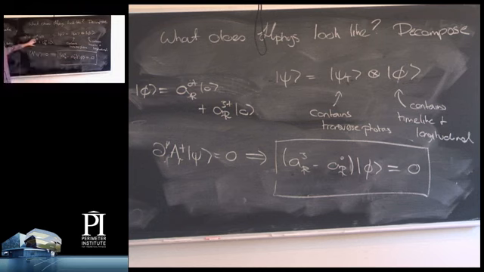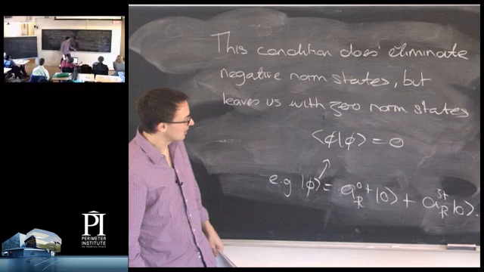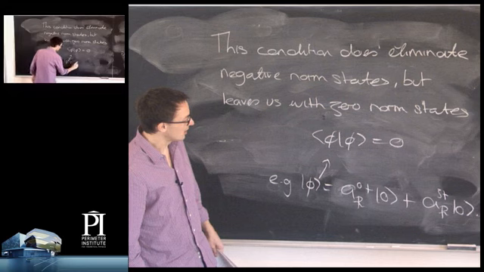And if you figure out the overlap of this state, these have zero overlap with each other. This guy has norm minus 1, and this guy has norm plus 1. So the total thing has norm 0. Thanks. Good. Let me write that down. The state equals A_p0 dagger |0> plus A_p3 dagger |0>. So there's an example of such a state.